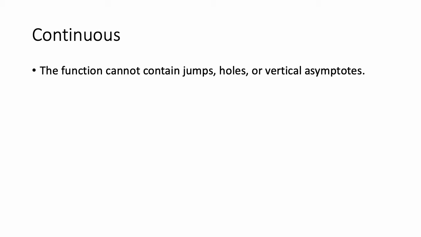A wave function also must be continuous. So the function cannot contain jumps, holes, or vertical asymptotes, and these are called discontinuities. So let me give you an example of each.